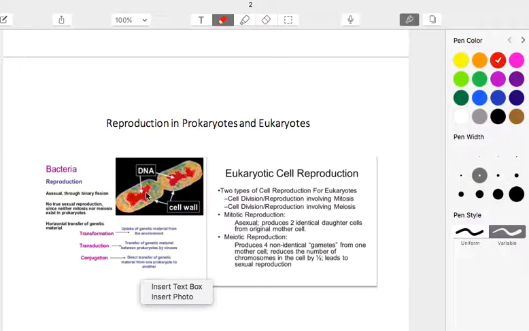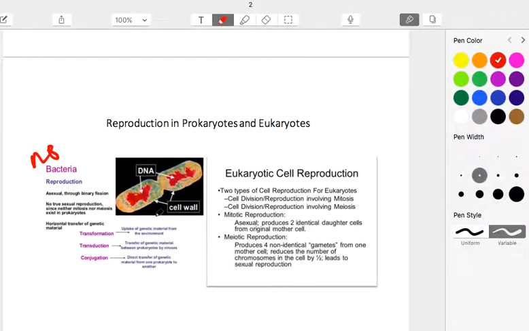The cell will grow and divide into equal halves, which is called binary fission, and it is very important. But in binary fission, you're not going to see any kind of genetic diversity. No genetic diversity through binary fission.